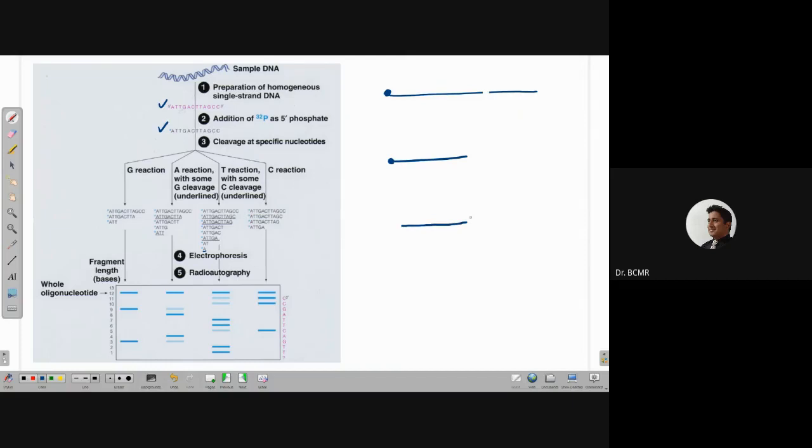But upon blotting and autoradiography, you'll only see this band. You will not be able to visualize the other band because there is no radioactivity on this one.